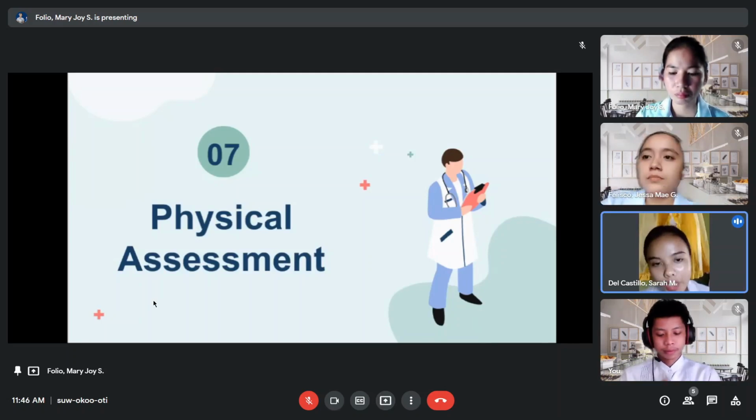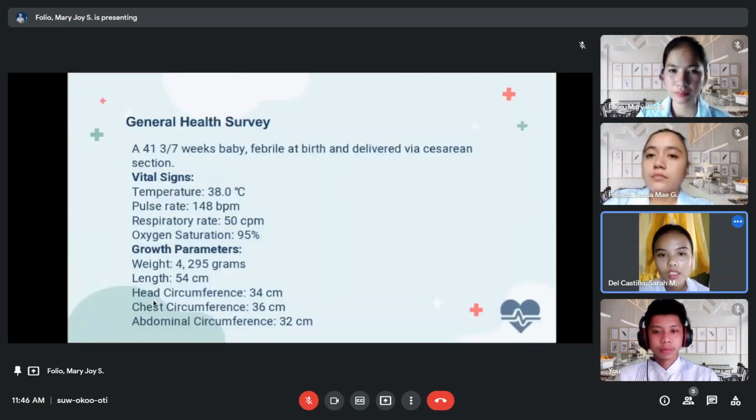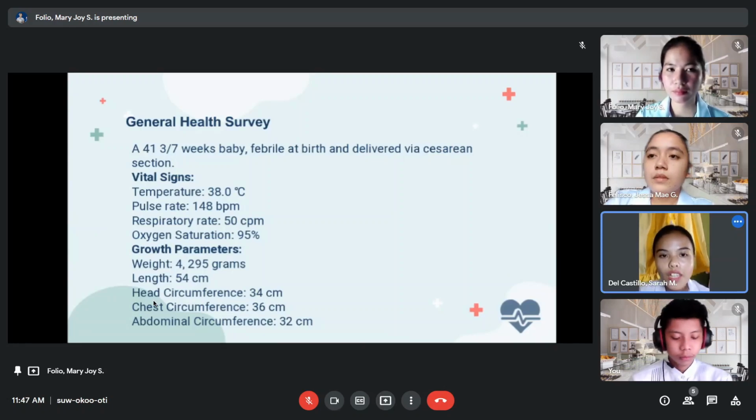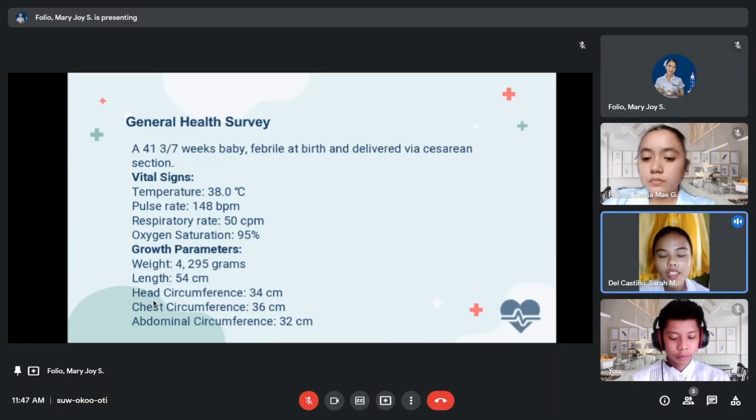So next is the physical assessment. For the general health survey, a 41.37 weeks baby, febrile at birth and delivered via cesarean section. For the vital signs, temperature is 38 degrees Celsius, pulse rate is 148 beats per minute, respiratory rate is 50 cycles per minute, oxygen saturation is 95%.